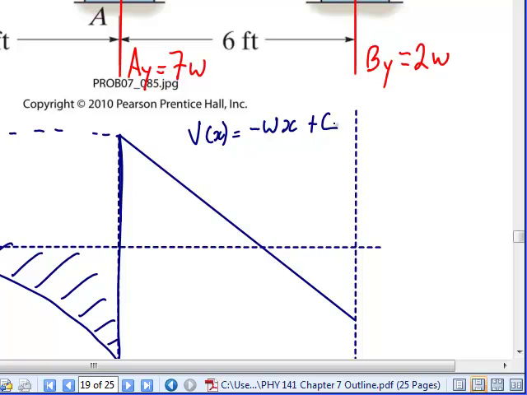So that constant is going to have to be something that makes this value here 4W.